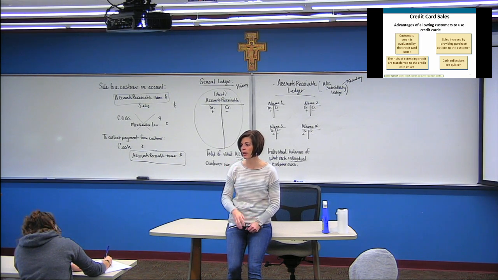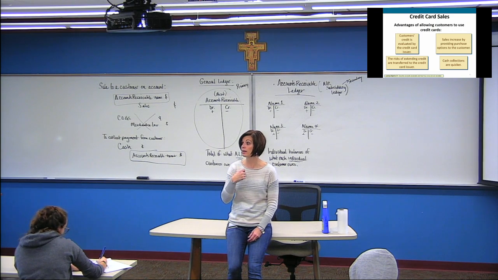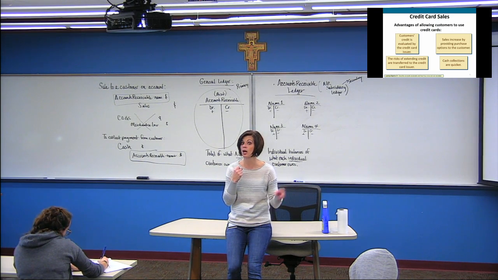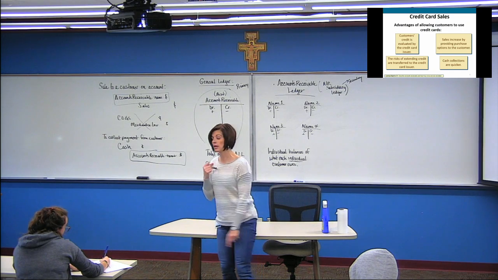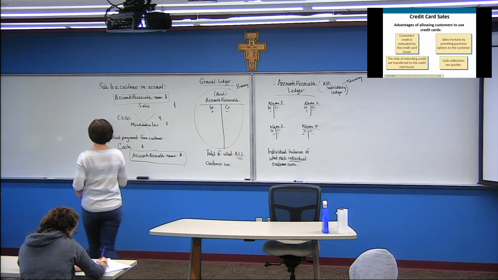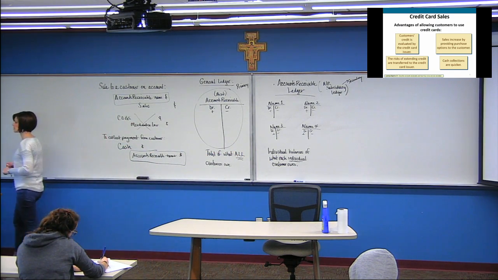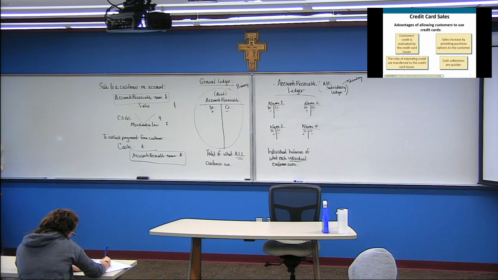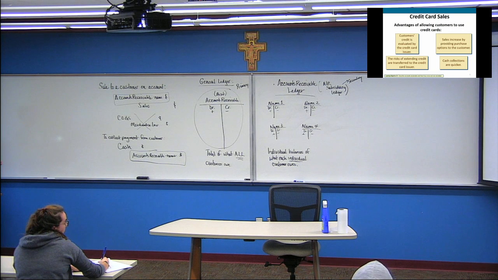I have 30 days to pay the credit card company. The credit card company has an accounts receivable on me, but not Dick's Sporting Goods, right? So that's something to think about. For Dick's, it's a debit to cash, a credit to sales. For the credit card company, it's an account receivable, right? I owe them money. They paid for me, okay?